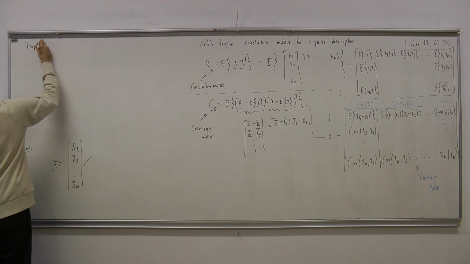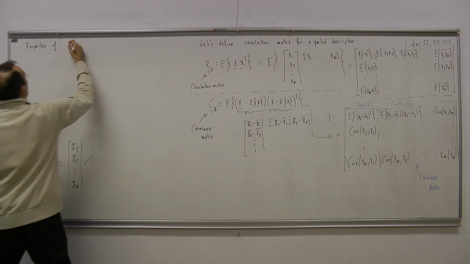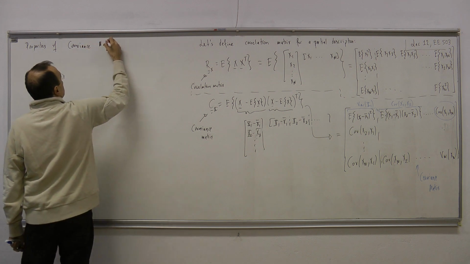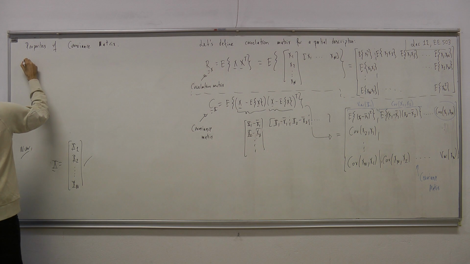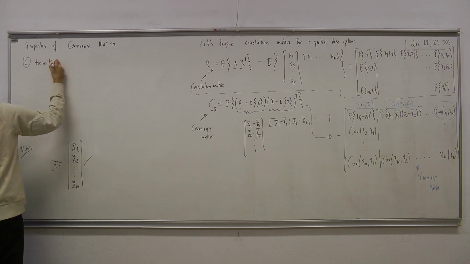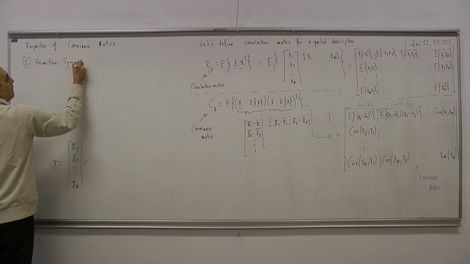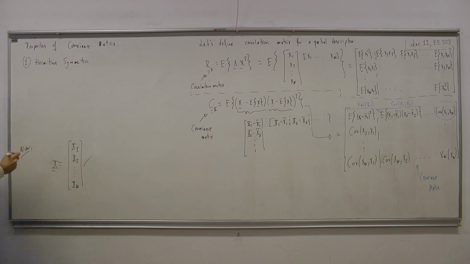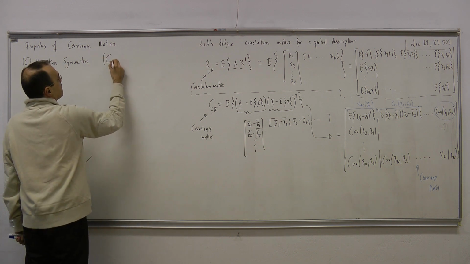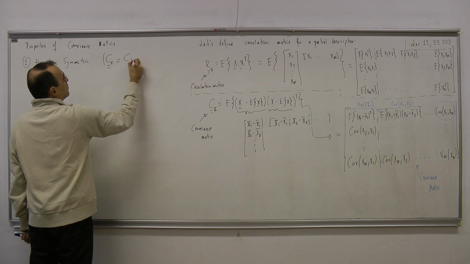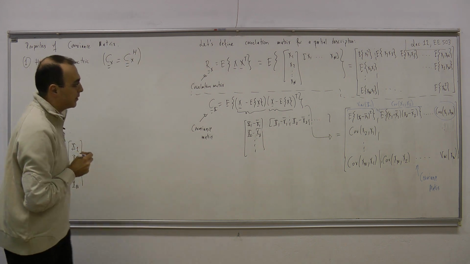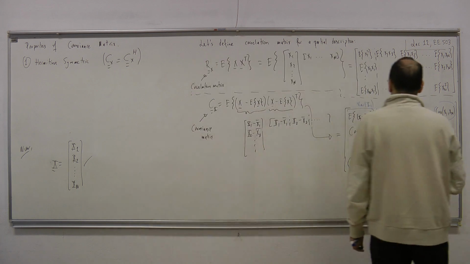Properties of covariance matrix. Number 1. The first property is that this is a Hermitian symmetric matrix. So what's the meaning of this? If I have Cx equal to Cx Hermitian, for the complex case, Hermitian symmetric matrix.